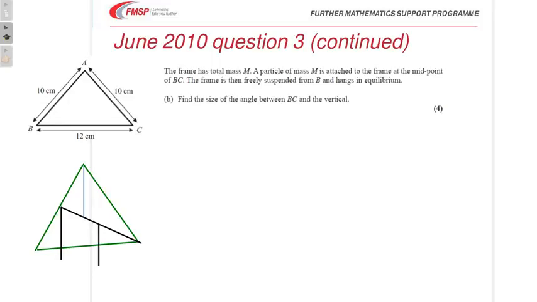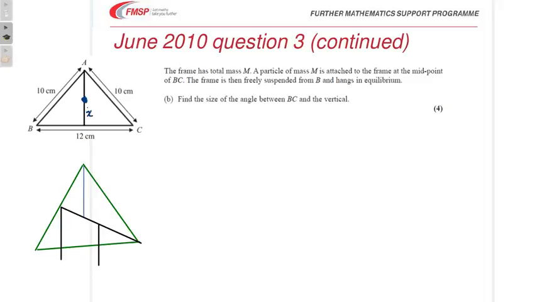Right, so the top diagram shows the original frame, and we know that the centre of mass of the whole thing is here, at a height of 2.5, x bar.